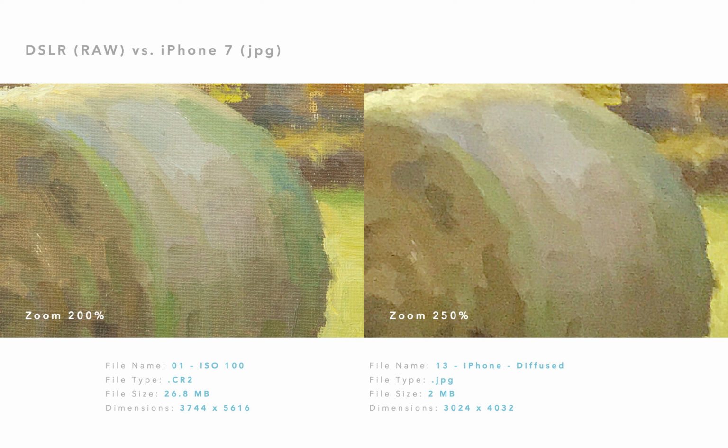Whereas with the DSLR, you can still see the weave of the actual canvas when I'm fully zoomed in. The colors still look pretty darn good though. This one is zoomed at 250%, the other at 200%, just because there's more initial data with the dimensions of the CR2 versus the iPhone.